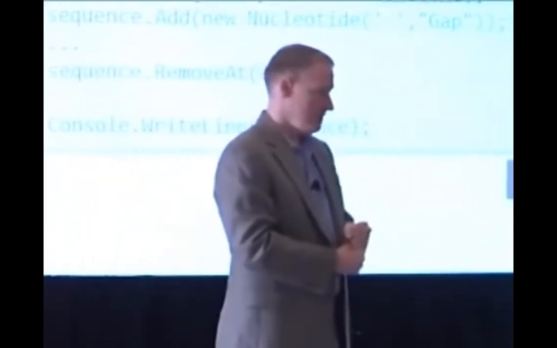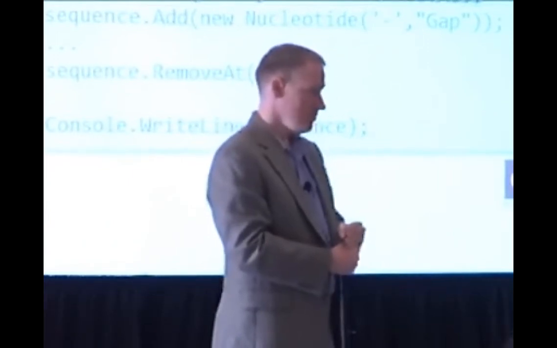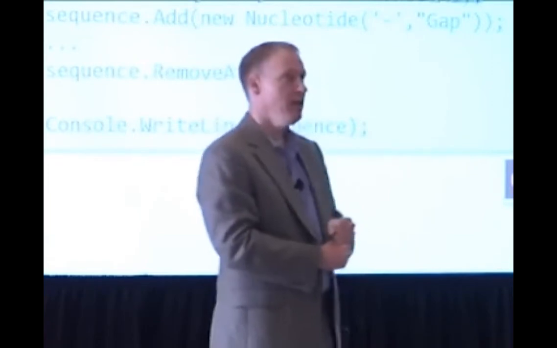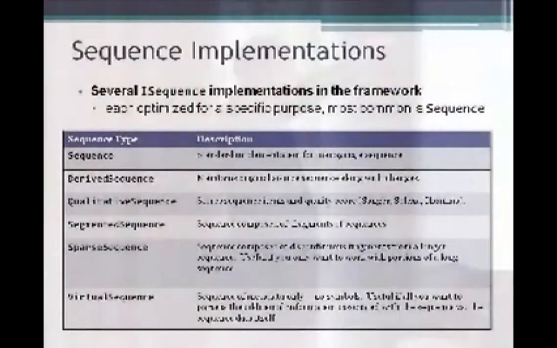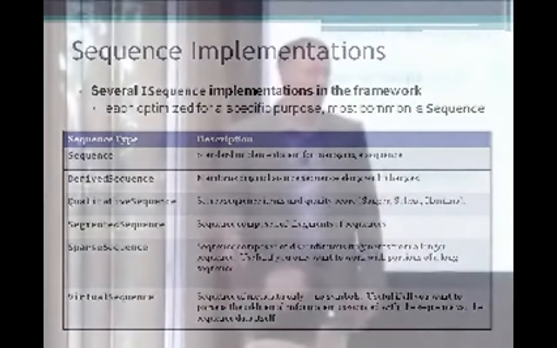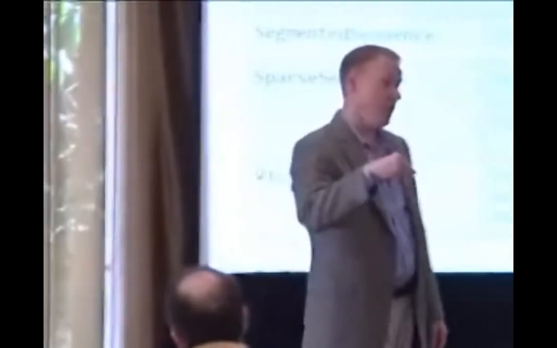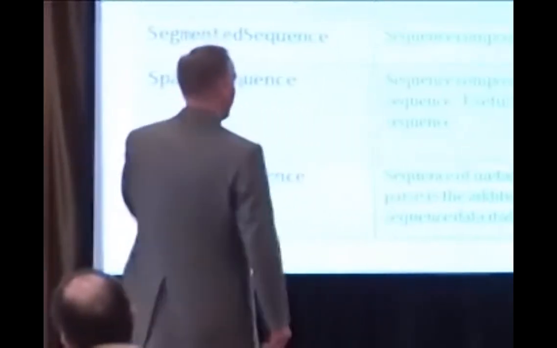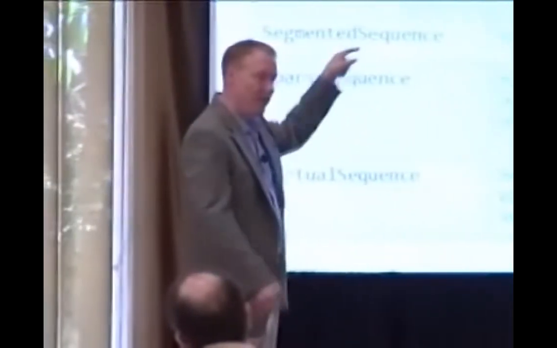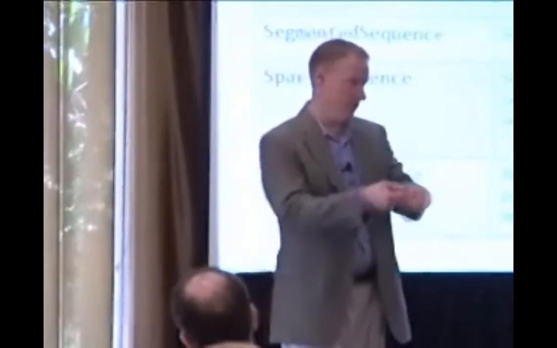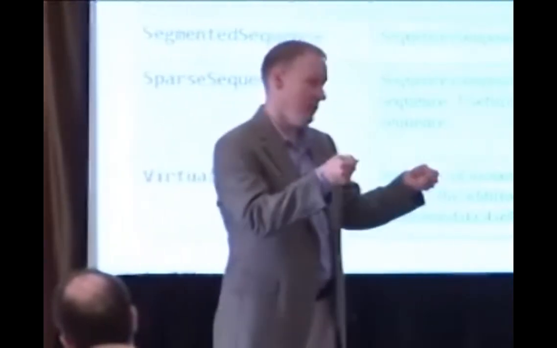So you listed the functionality on the previous slide, and you mentioned a few things like quality score. What do you mean by quality score? Okay. So the question is, on the previous slide there are various sequence types, including this one here, qualitative sequence, where we can get a quality score on the sequence items itself. My understanding is that quality score indicates, from the place where the sequence was read, the fragment that actually came out, how accurate is this data?